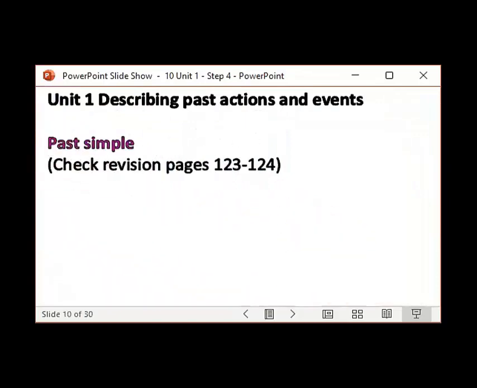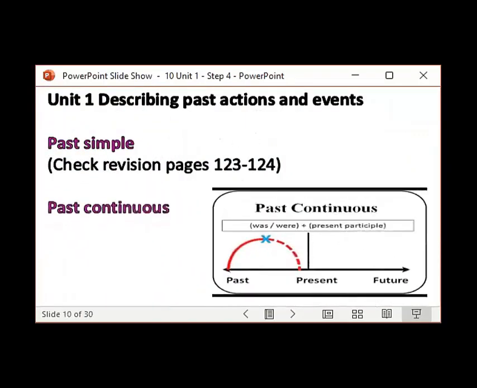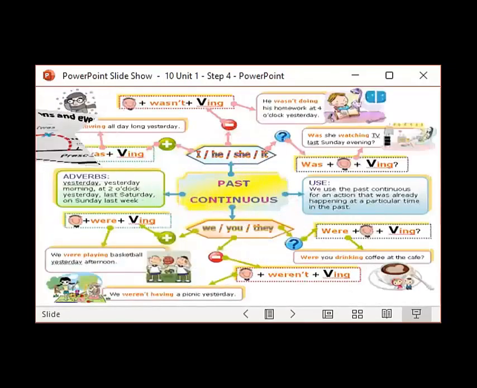And now, past continuous. If you look at this photo, you can see the form of past continuous. Past continuous consists of subject or pronoun plus was or were plus verb plus ing.